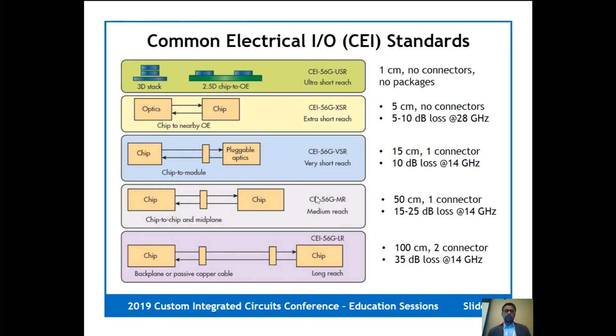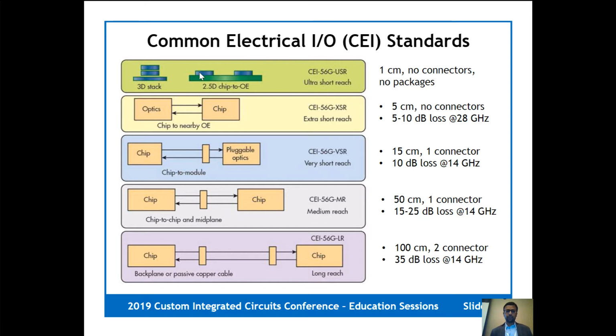So here I'm showing a summary of all the CEI, or Common Electrical Interface standards. Like I mentioned before, these are the standards that OIF develops, and then they're adopted with little or no change by the IEEE Ethernet group. The standards themselves span a fairly wide range. On the low end of the reach, we have the CEI 56 gig USR, or ultra short reach links.